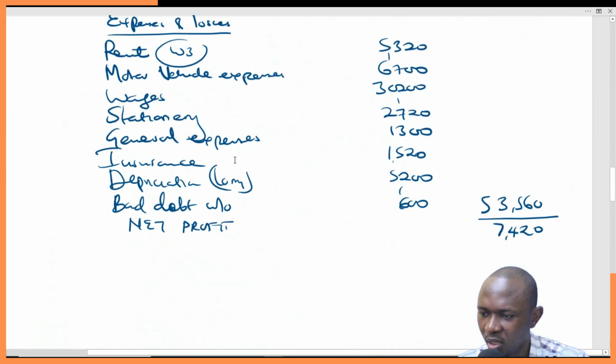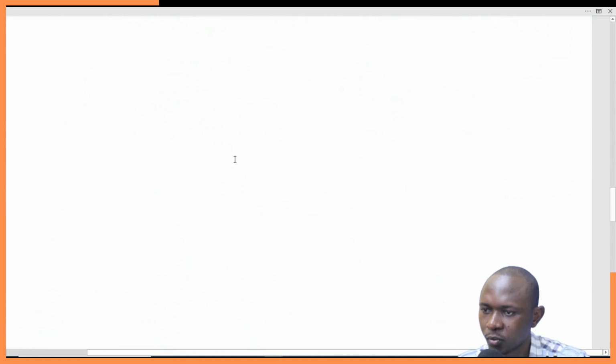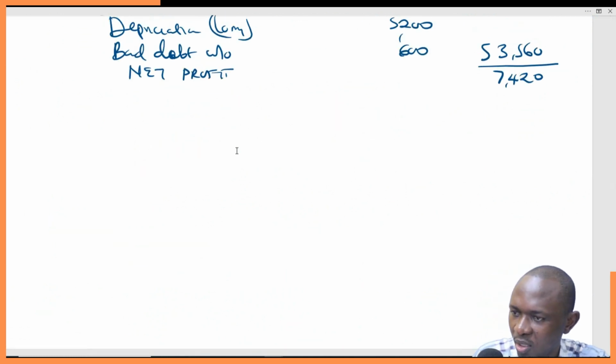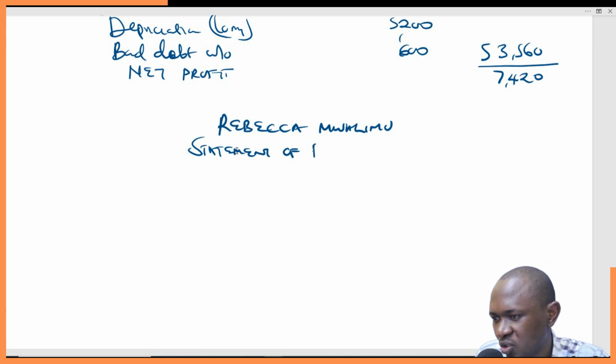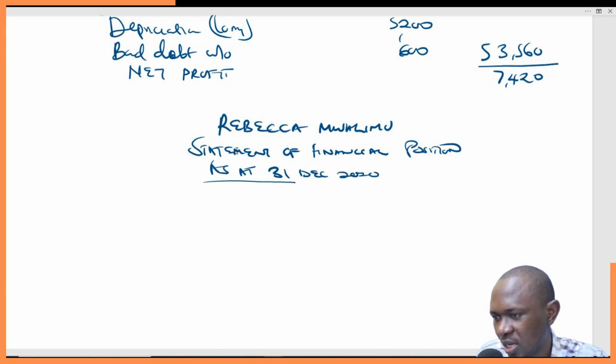So Rebecca Mwalimu will come here and say Rebecca Mwalimu. Let's just start from here. Statement of financial position as at 31st December 2020, like that.